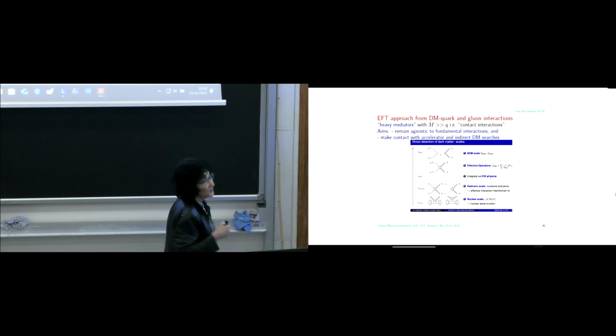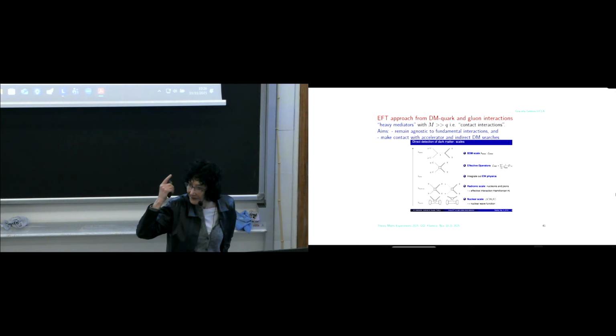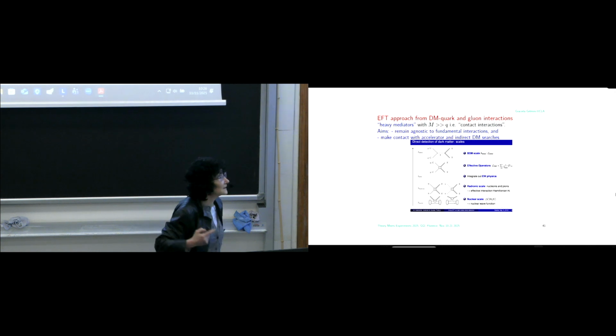So what happens when you have an ultraviolet complete theory in which you really couple that? For example, this happens when you analyze supersymmetric models, or other models that give you a complete coupling with the standard model.